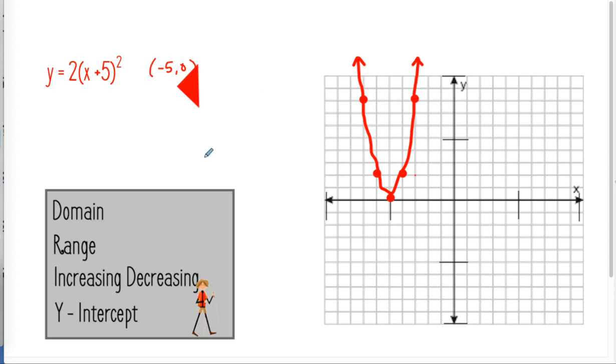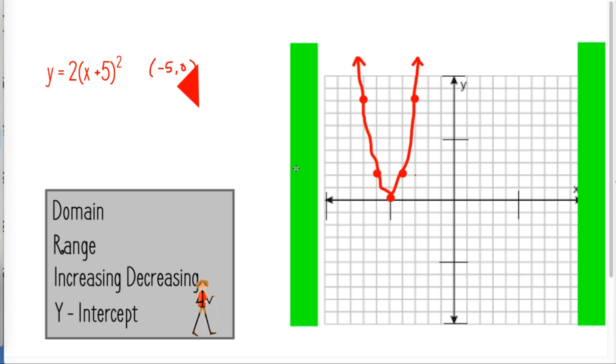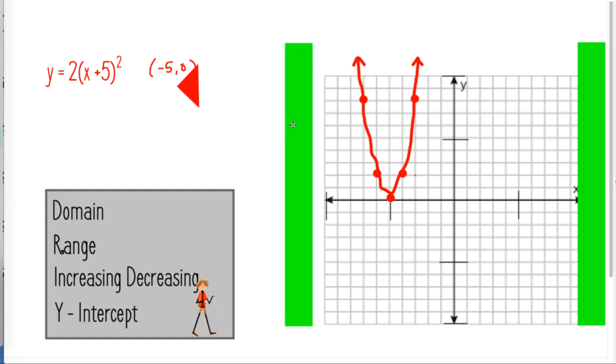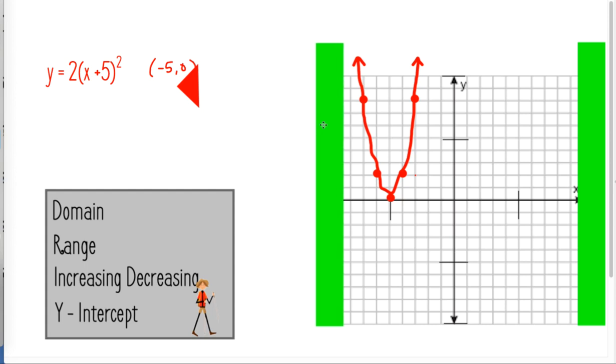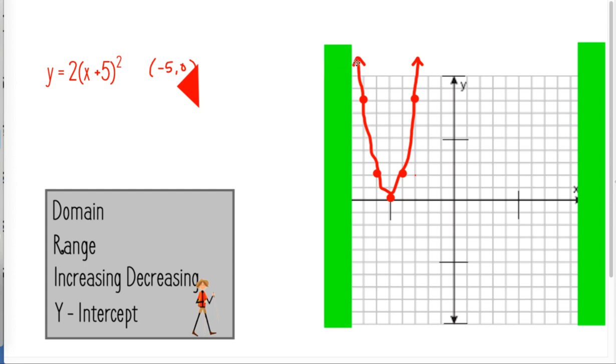So domain. Remember the domain are the x values. And we're going to look from our left side to our right side because we always move from left to right in math. So as I move over from the left, I notice that my green bar hits an arrowhead. Well, that means it's going on forever and ever. So the domain here has no boundary on the left.